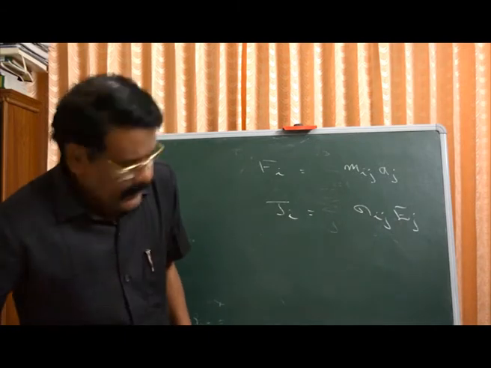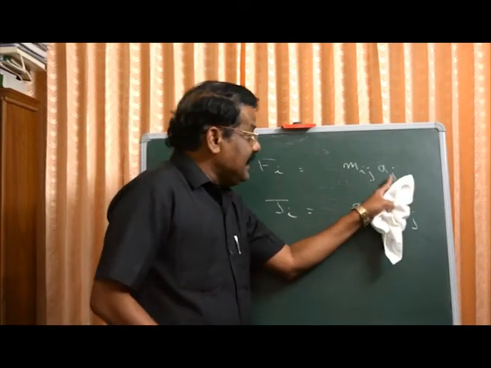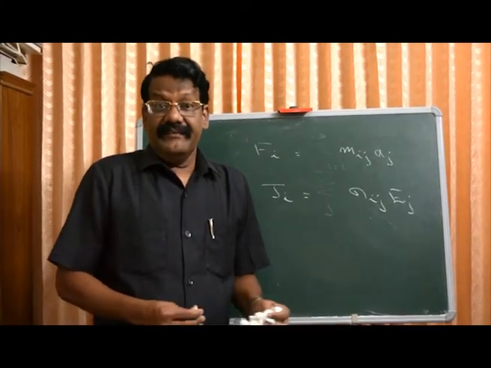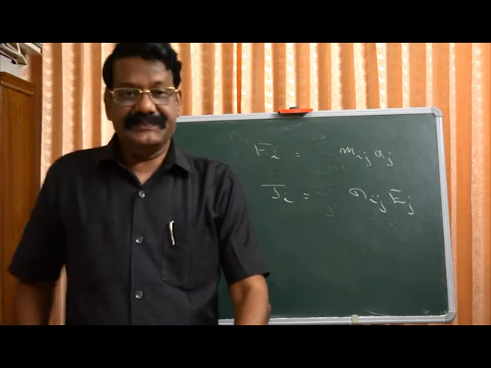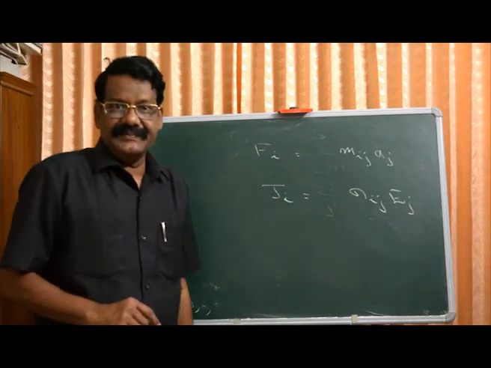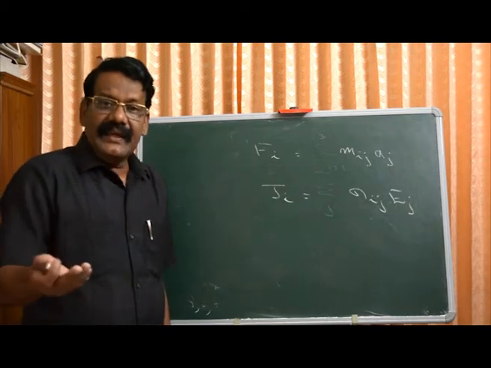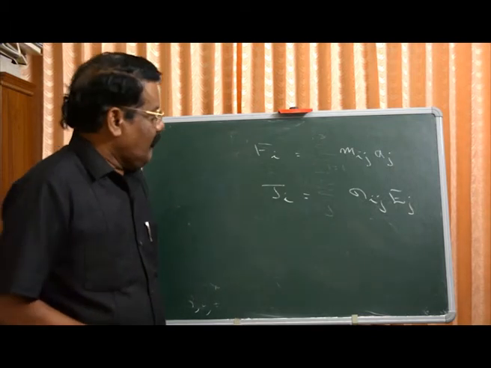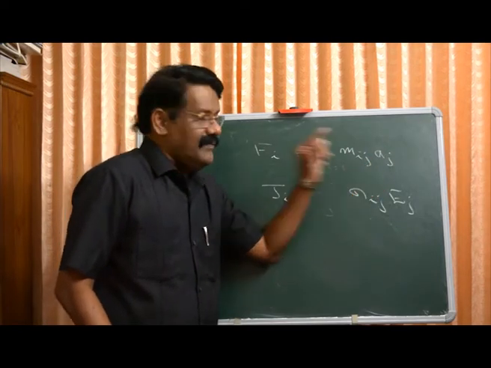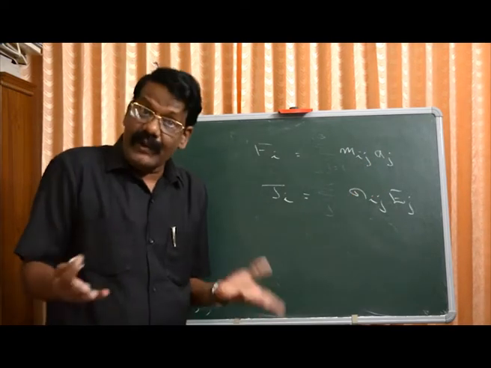Now, the repeated index j here is called a dummy index. Repeated index is called a dummy index. Dummy in the sense that you can change the index j at your will.